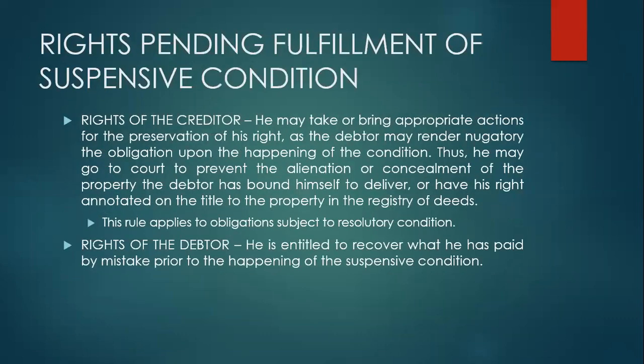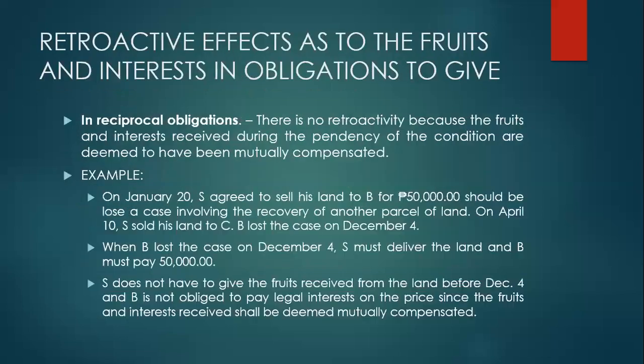Now, what is the right of the debtor? He is entitled to recover what he has paid by mistake prior to the happening of the suspensive condition. So, in the same example, what if S delivered the land to B even if the suspensive condition is not yet complied with or not yet fulfilled?